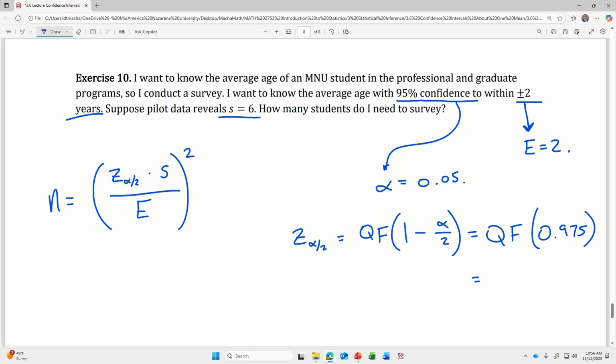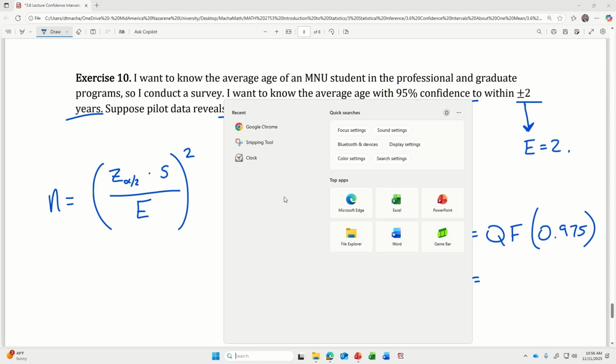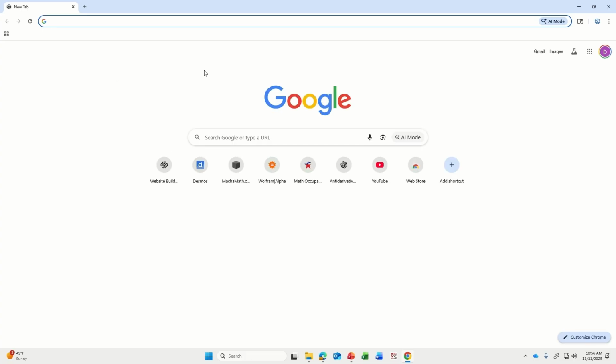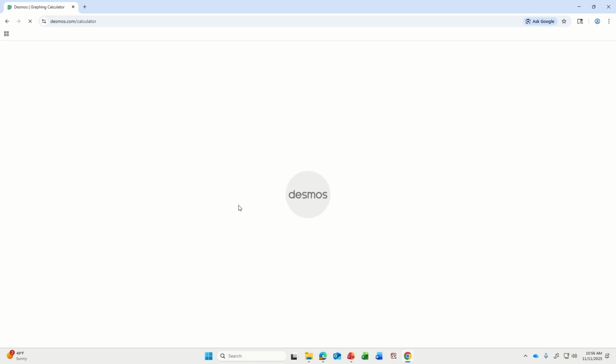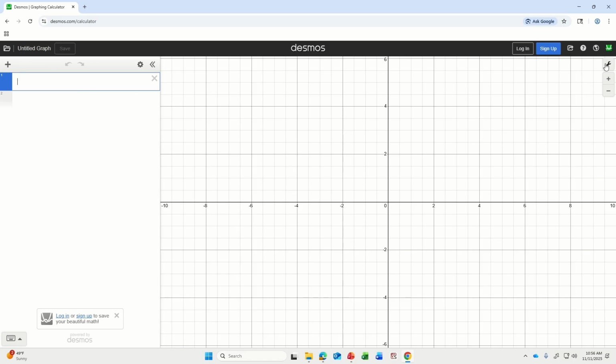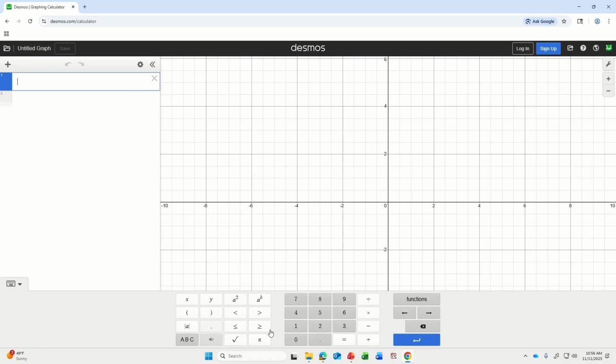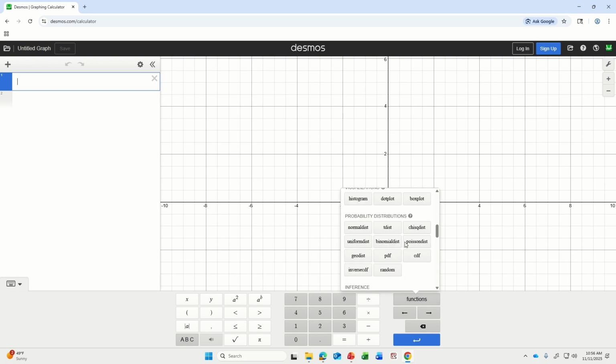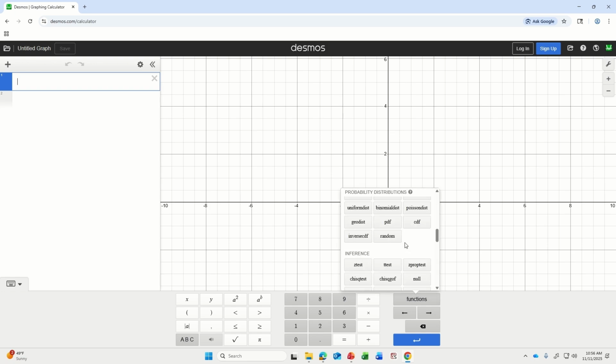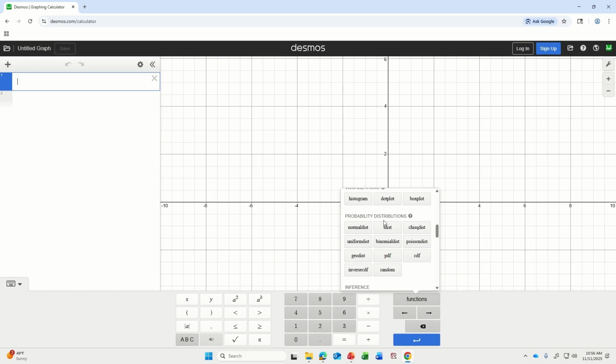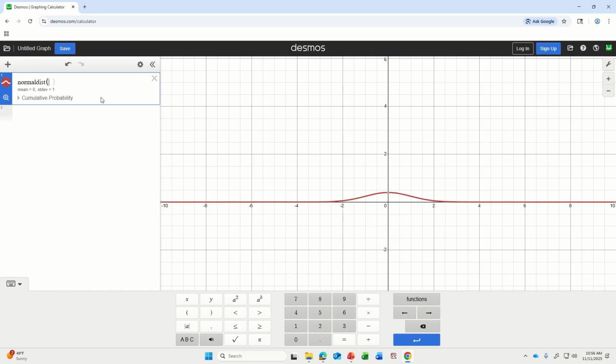Quantile function is in Desmos. I would always recommend that you practice a little bit with that Desmos app before test day. Of course, this is what it looks like. You're going to click the button that says Functions in the app, and then you scroll down to probability distributions. You find normal distribution.